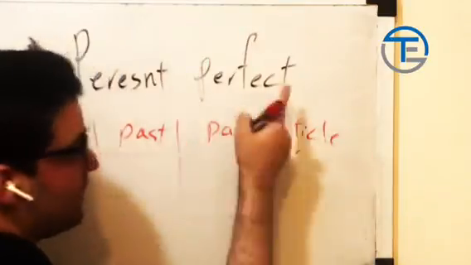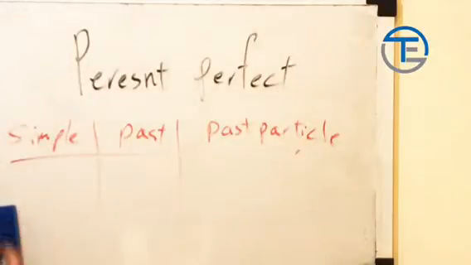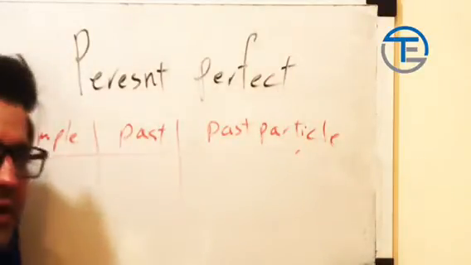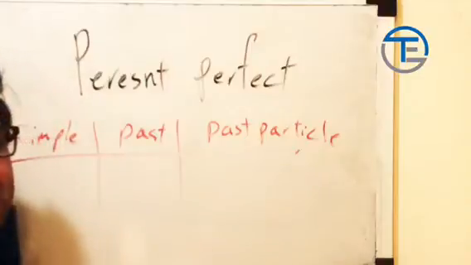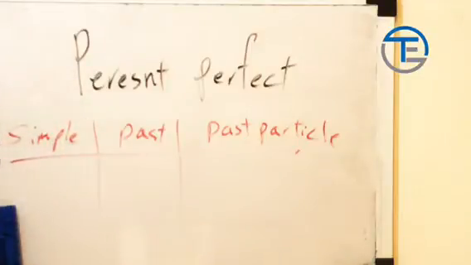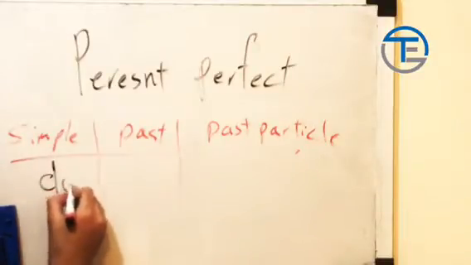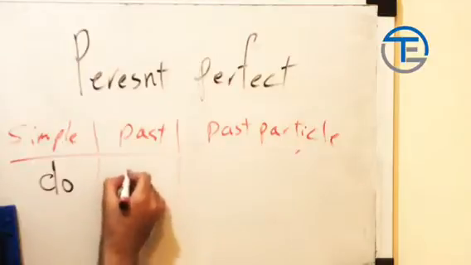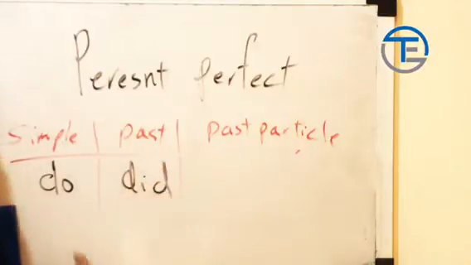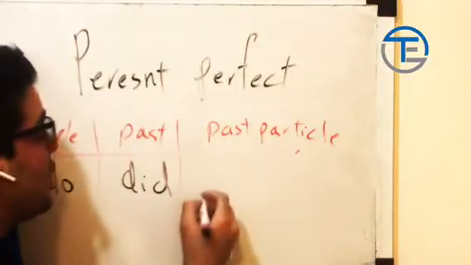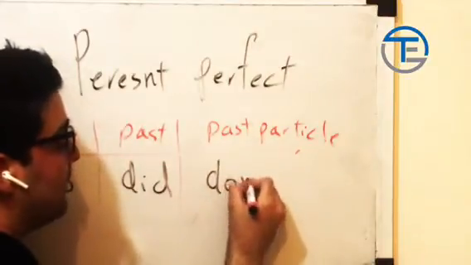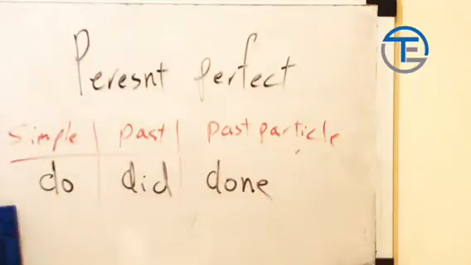You can use it for present perfect. For example, I choose do. Past is did. Past participle is done.